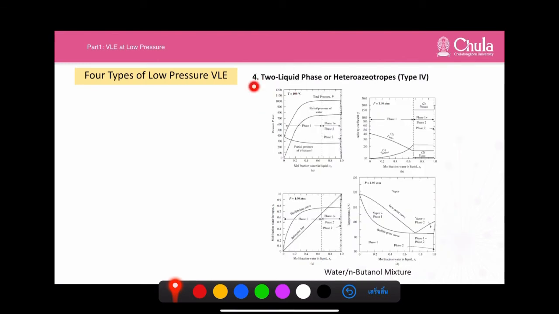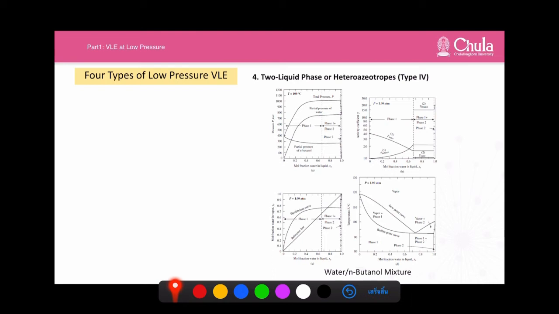And the last one, the fourth one, or type 4, we call it two liquid phase or heteroazeotrope. For this system, we can treat it as a type 2 with strong interaction. Remember that for type 2, A doesn't like B, B doesn't like A, right? And they try to stay apart or keep distance.